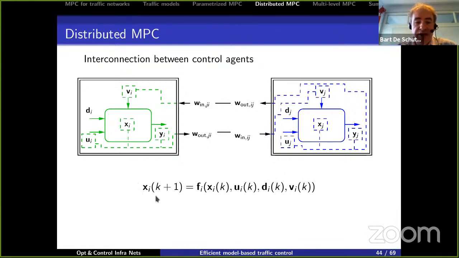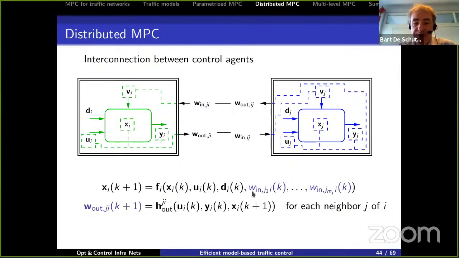Every agent has a local model where some of the inputs are the local states and the local control inputs. We can also have disturbances. In a traffic context, this would typically be the demand, so the number of vehicles entering the network. And then we also have variables that are generated by the neighboring agents.